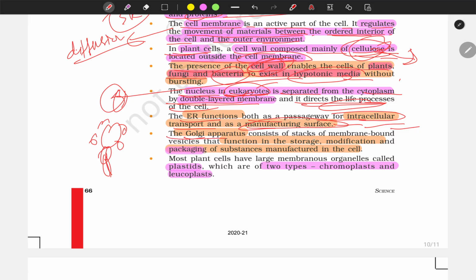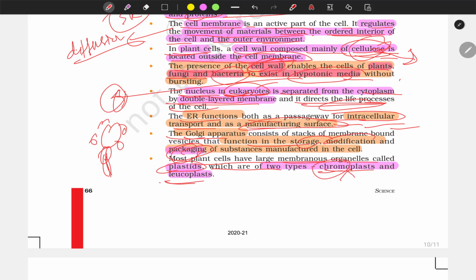The Golgi apparatus's main function is storage, modification and packaging. Most plants have large membranous organelles called plastids, which are of two types, chromoplast and leucoplast.